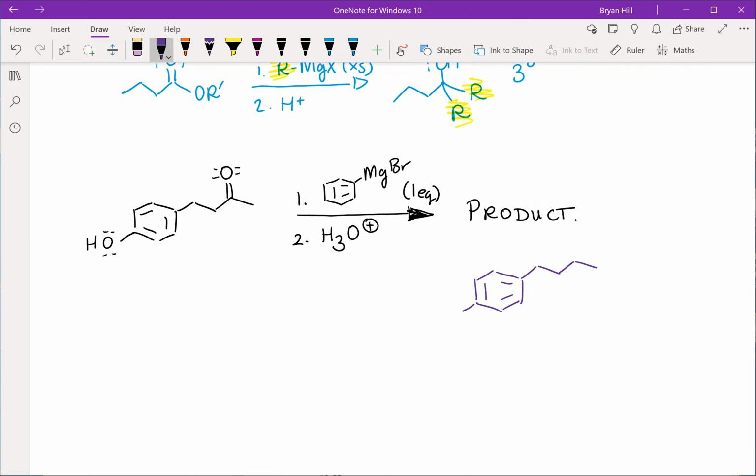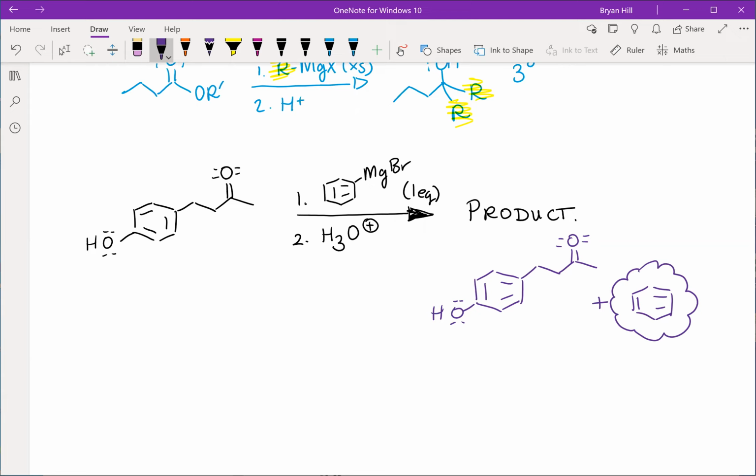Then you do your acid bit, your liquid extraction to get your products. And when everything is said and done, what you end up making is this. You end up with your starting material and benzene.